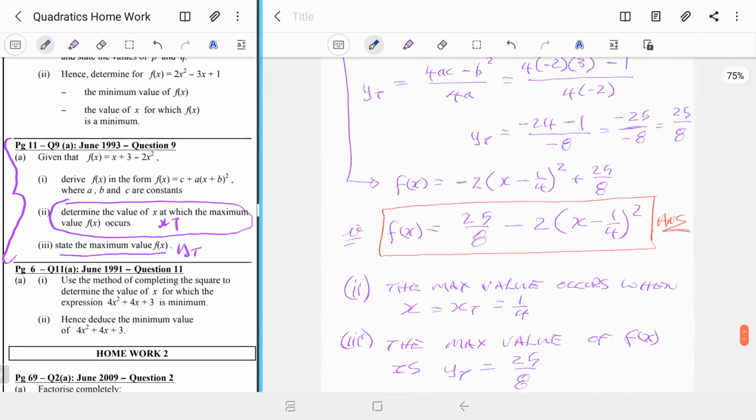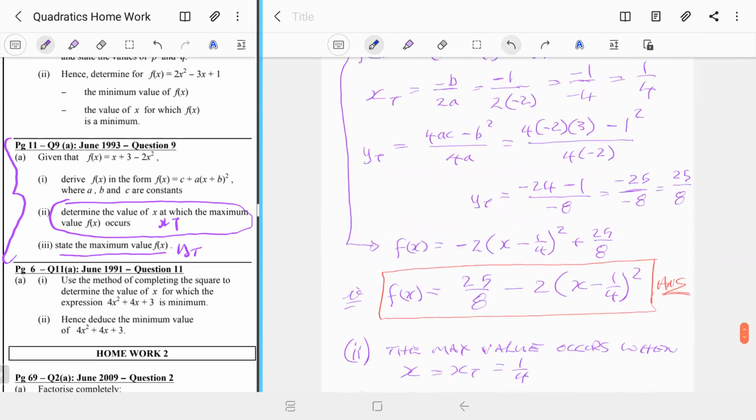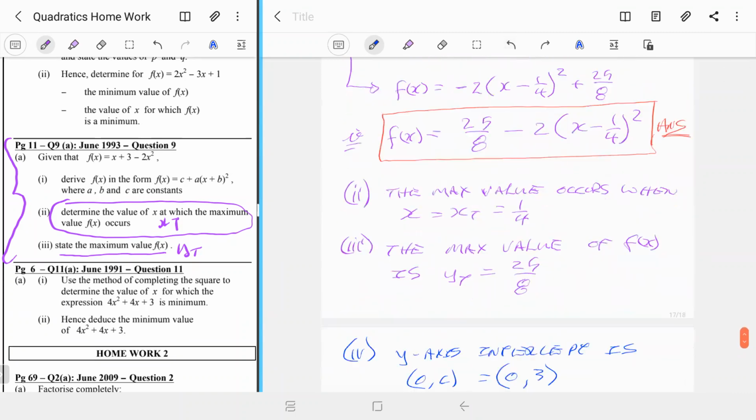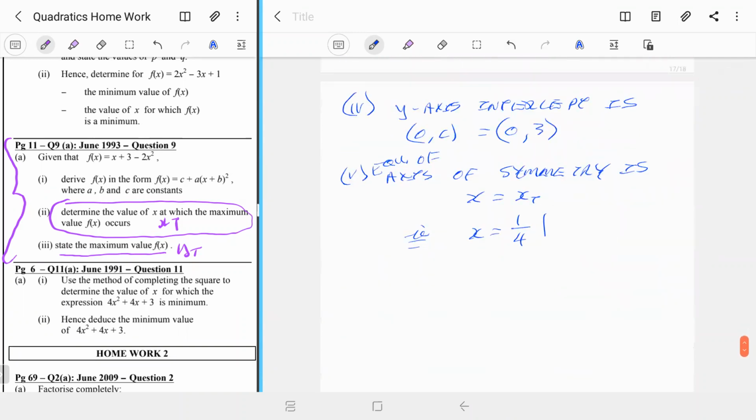A quarter. Yes, 1/4. This is the equation of the axis of symmetry.